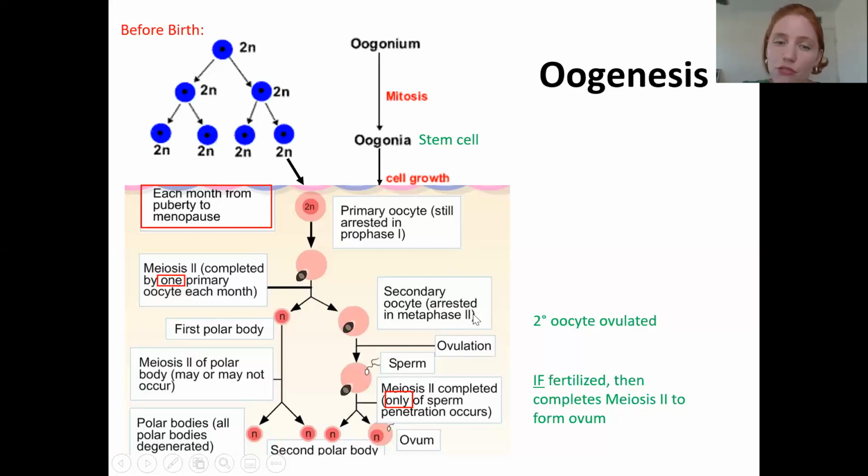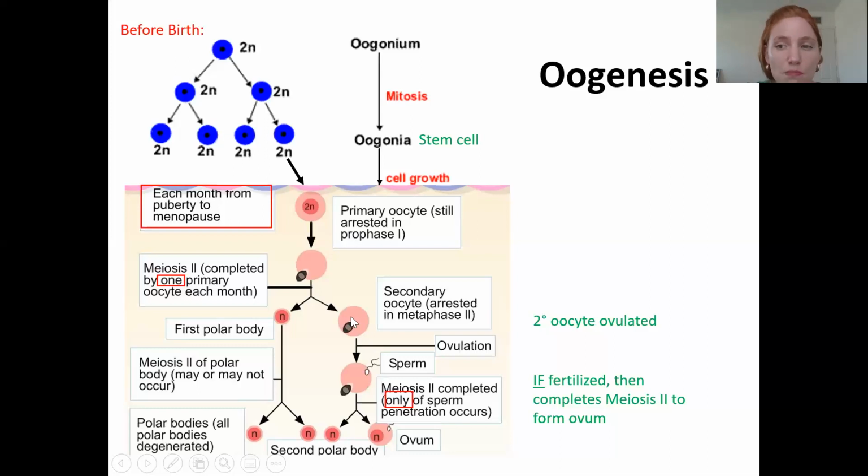And they don't even finish completing metaphase 2 unless they are penetrated by the sperm. And if they are not penetrated by the sperm, they'll either die off or come out during menstruation. And if they are, they'll finish up meiosis 2, become an ovum, which then combines with the sperm and so forth. Okay, so 2 arrested phases. This big old long process, 2 arrested phases.